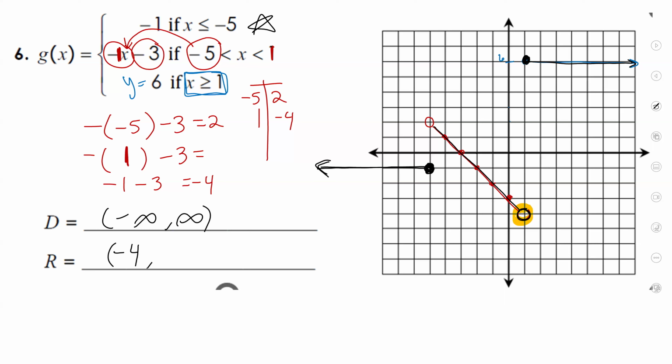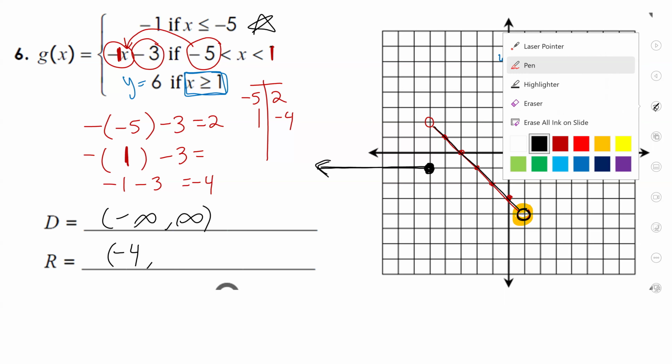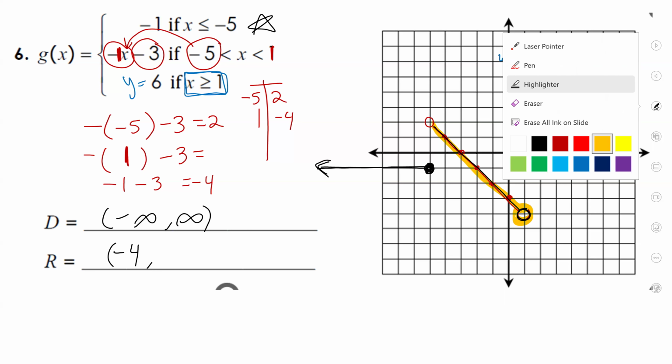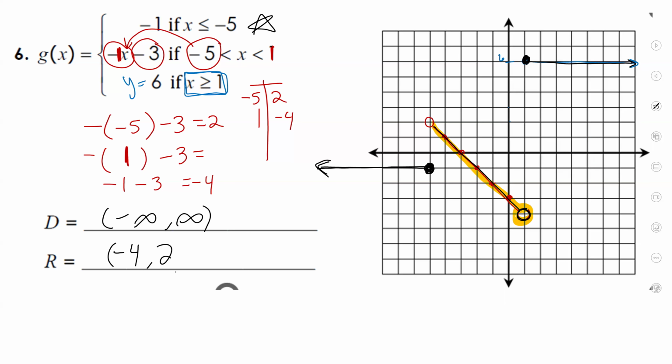Parenthesis. Parenthesis if it's open circle. Okay, follow my line, guys. It goes from -4 and it goes up to where? To 2. That's my next number. Do we include the 2? No. Because it's an open circle, so it's a parenthesis.